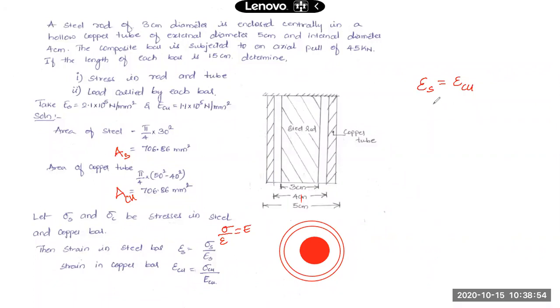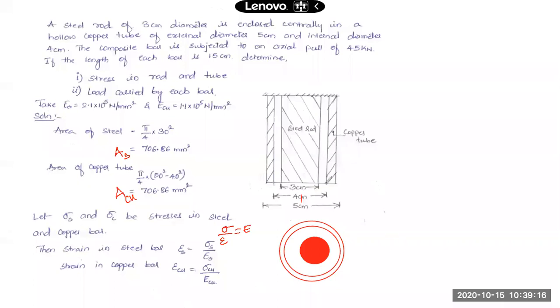Or rather, the deformation in the steel rod and deformation in the copper tube are the same. They are connected in parallel, so they should remain the same.